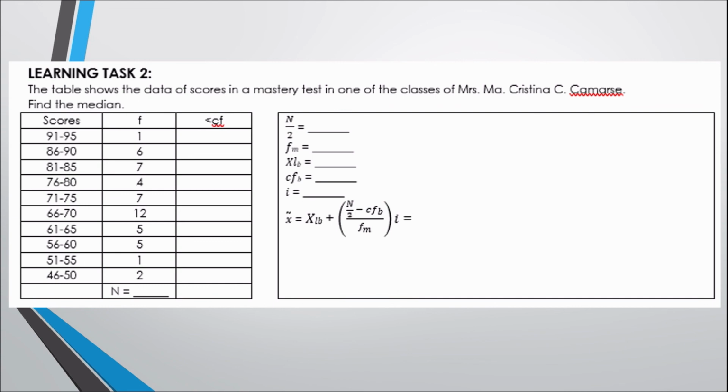Okay? So, ito yung data, cumulative frequency. Kung matatandaan ninyo, i-add lang natin to lahat pataas. Tapos, ito-total nyo lang, hahanapin nyo yung median class. Tapos, find n over 2, f over m, this one, this one, this one, and this one. Okay? Para makuha yung median.